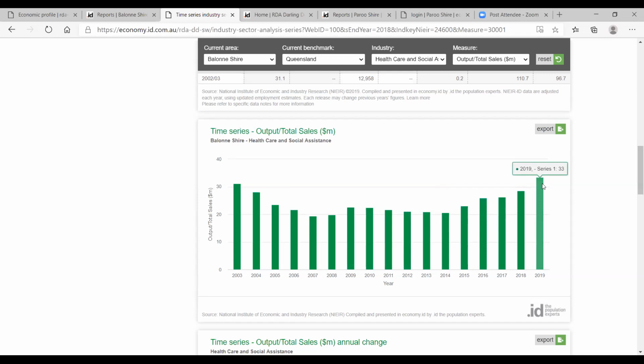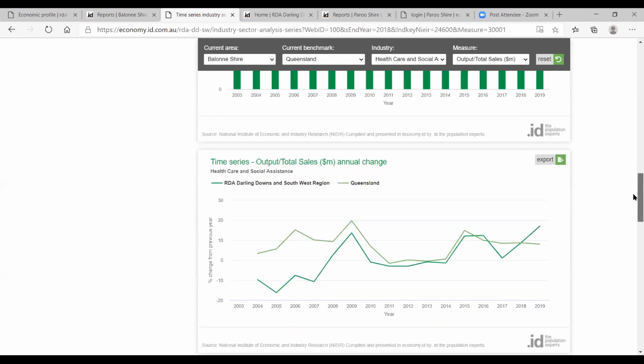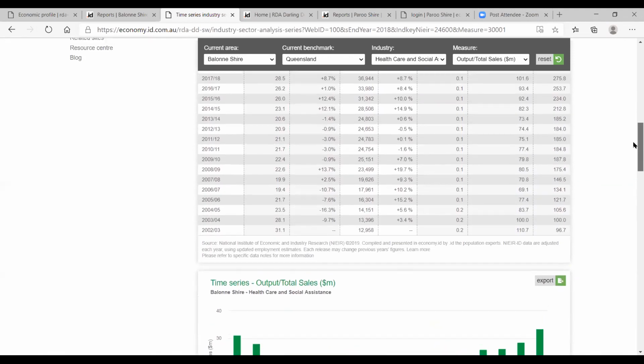If that's not keeping pace with your population change, they're the conversations that you need to start to have at an advocacy level around, we've got this growth in ageing in our community and we need some investment in residential care services or social assistance or whatever it might be. Okay, so there's some different ways of looking at it.